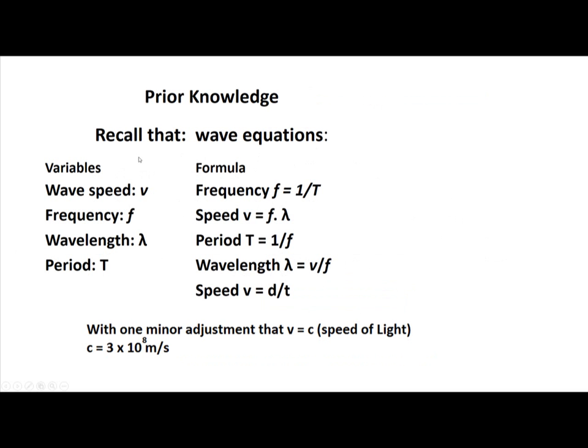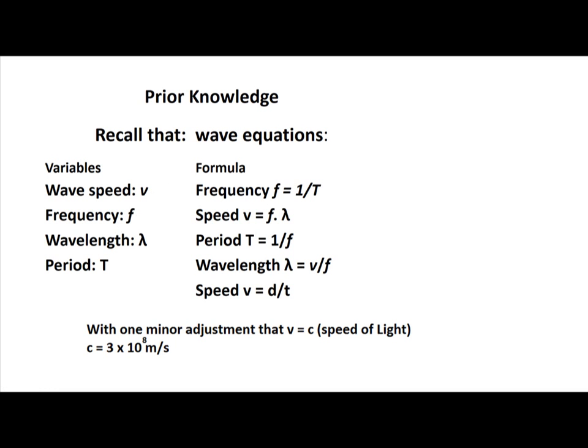Okay, now remember when we talked about sound waves or mechanical waves, we introduced the speed, frequency, wavelength, and period. Well, electromagnetic waves also have the same type of variables.